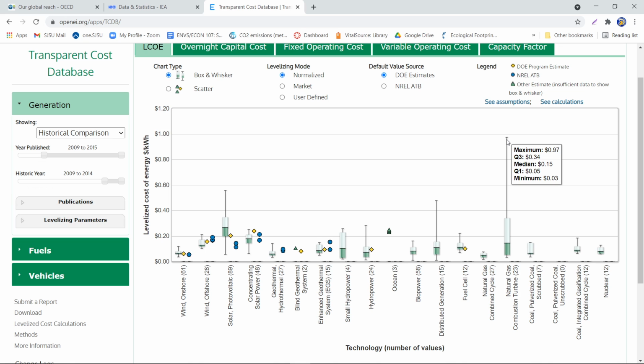That tells a story, but until we actually look at the data set in detail, we won't know what that story is. But the median is what we really want to focus on, and the median is going to tell us, in a competitive market, what fuel source will be chosen or used.